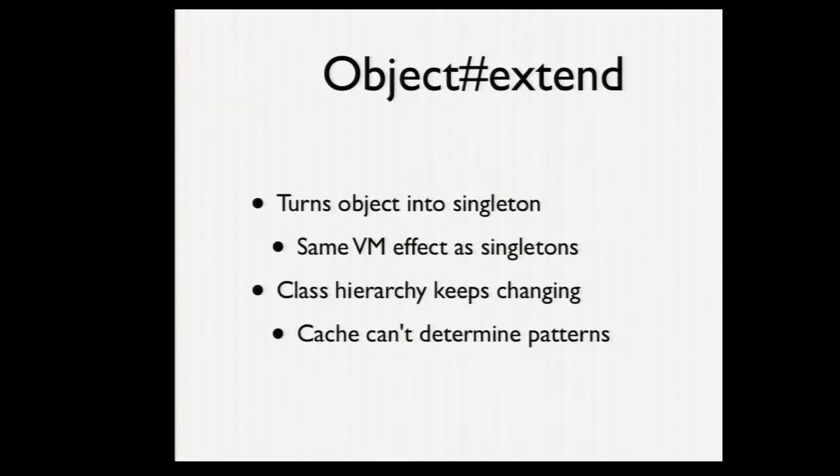And even worse, the whole class hierarchy is changing. Every time we extend a module, we need to insert another little shim into that class hierarchy to hold a reference to it. So not only do we have one new type, we've got multiple new types in the hierarchy, and the VMs just can't figure out how to optimize that, how to cache any of the methods that go along with it. There's actually a concrete example of this within the implementation of MRI right now.